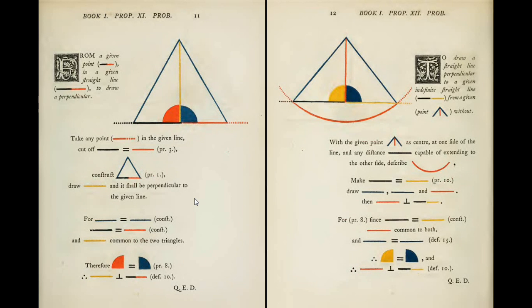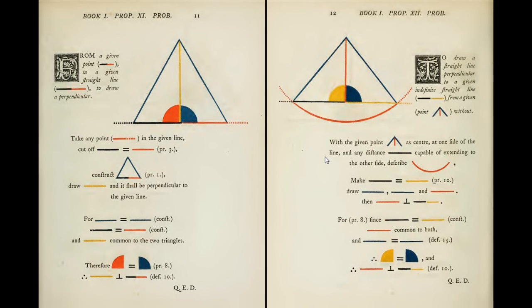Yellow is common. If you have common sides, then you have common angles. If it's the same triangle identically, and this side is the same as this side, and this side is the same as this side by virtue of construction, and so therefore these two angles are equal, and then by definition yellow is perpendicular to the constructed line.